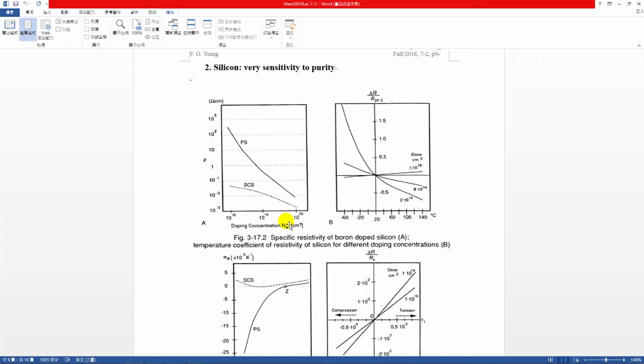You can see the resistivity reduced a lot when we dope different levels of impurity into the single crystal silicon and also polysilicon. However, no matter how you dope polysilicon, the resistivity is always larger than the single crystal silicon at the same concentration of doping. Because polysilicon has a lot of crystal boundaries, and single crystal silicon doesn't have any grain boundary.